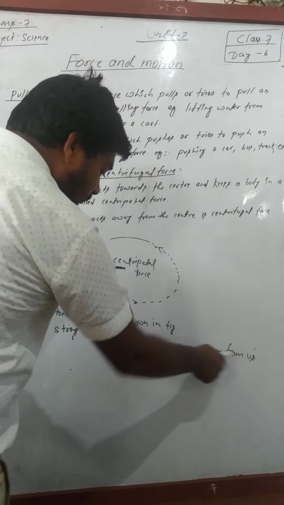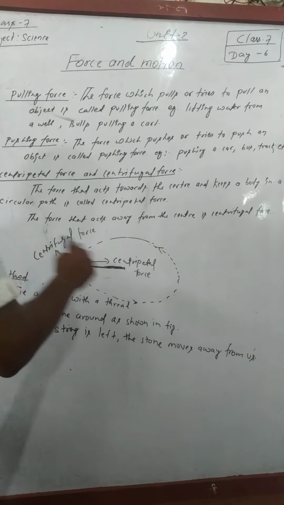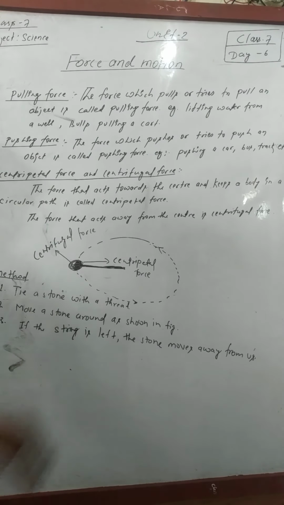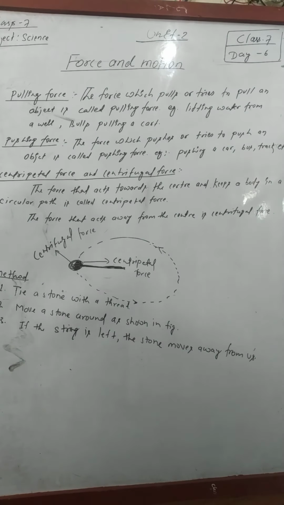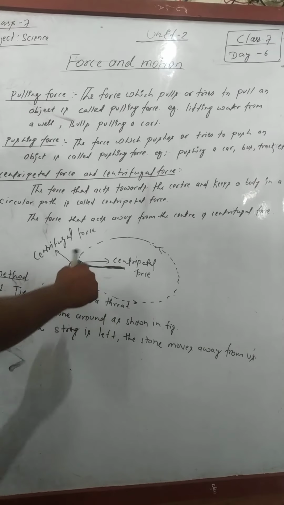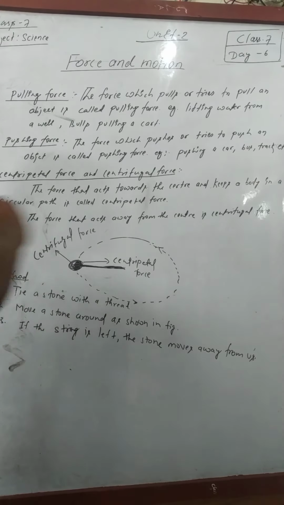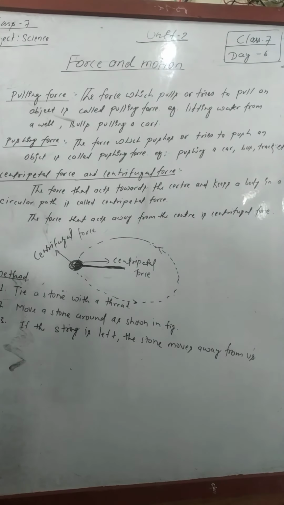When it moves, the stone moves away. If the string is left, the stone moves away from the center. The force that makes the stone go away from the string or the thread is called centrifugal force.